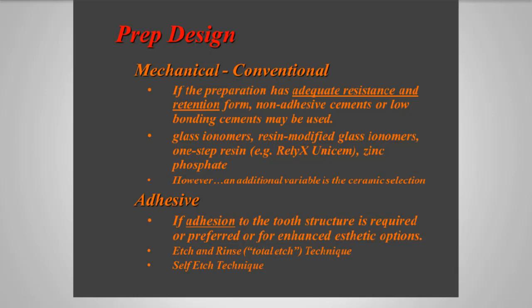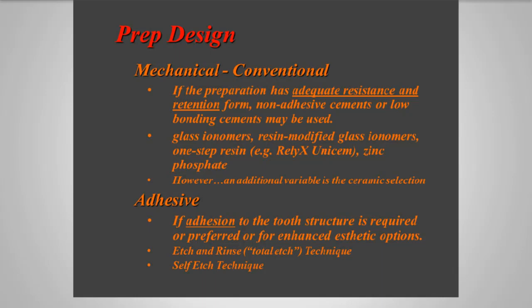As far as adhesive prep designs, if adhesion to tooth structure is required or preferred for enhanced aesthetics, use etch and rinse, a total technique, or in some cases self-etching are perfectly good alternatives. Where's the difference? Again, a veneer should be etch and rinse with total etch.